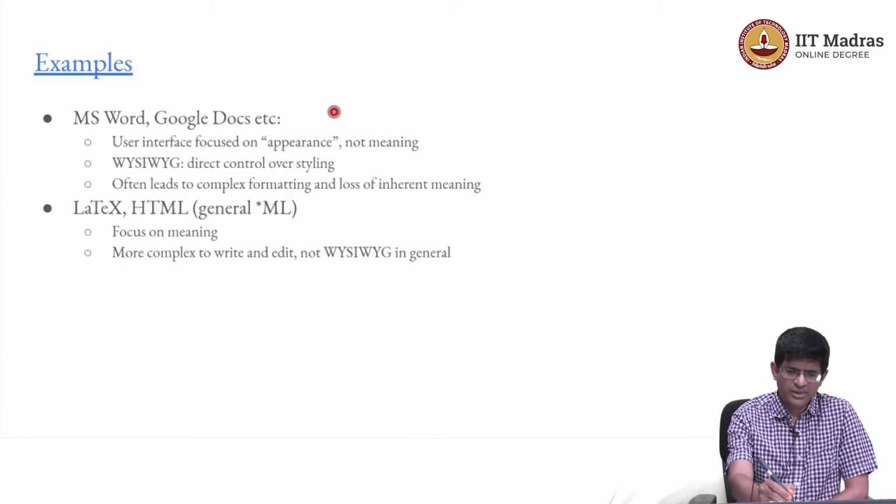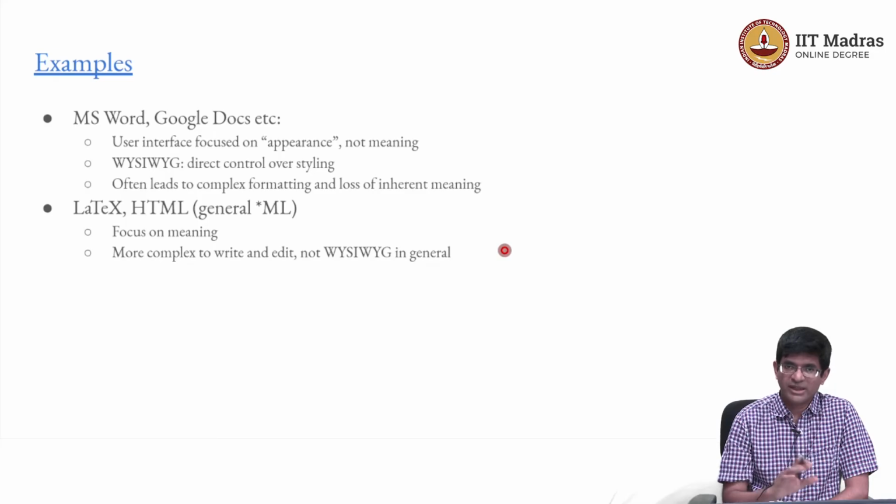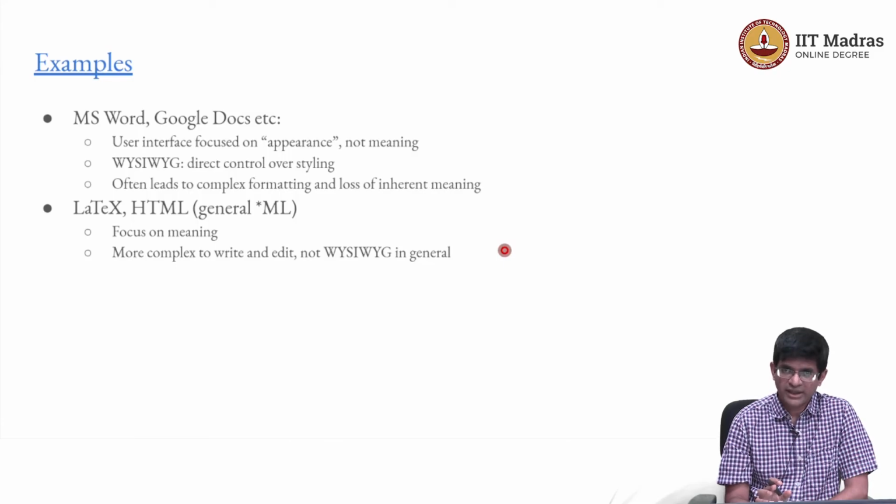So things like Microsoft Word, Google Docs and so on are more focused on WYSIWYG, what you see is what you get. They have direct control over styling. This very often leads to complex formatting, and one of the places where you will find that this is problematic is that it's possible to write HTML using a Word document and then export to HTML. In most cases that is really difficult to read after that.